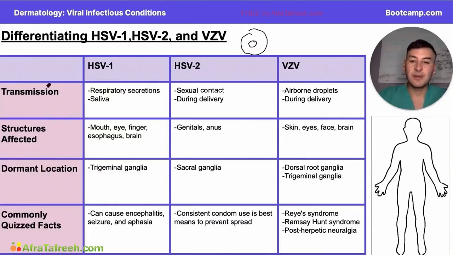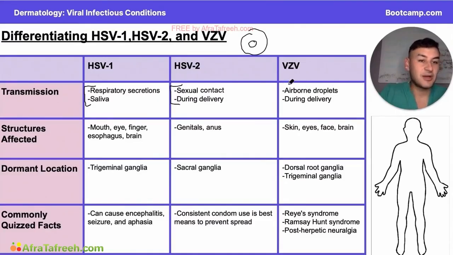So remember, HSV1, this is going to be our baby drinking apple juice from mom, right? This is going to be due to exchange of salivary contact, okay? HSV2, this is going to be sexual contact or during delivery, so thinking anogenital transmission.